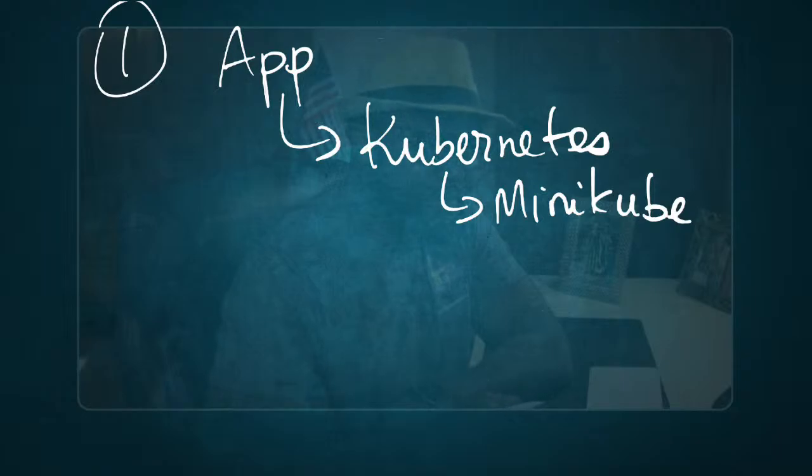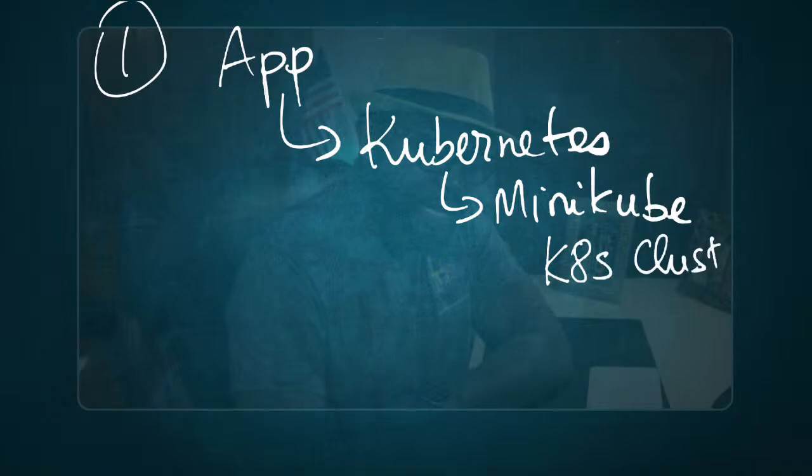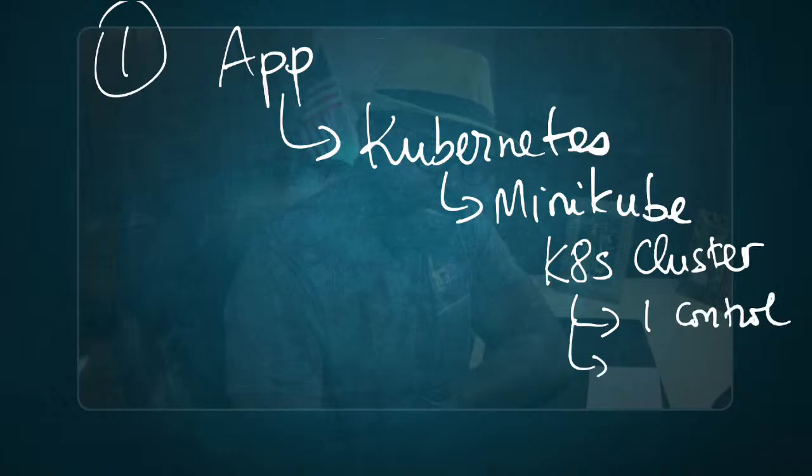You remember Minikube? That's a tool that we use to help you set up a cluster, right? But in this cluster, you only have one control node, and then you have one worker node.